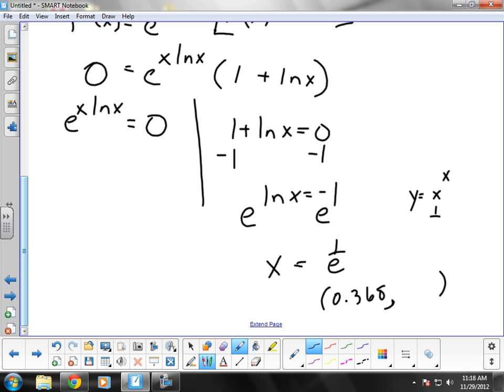So if x is 1 over e, then I get 1 over e to the 1 over e power. Right? So 0.7. Mine says 0.692. Okay. So there's a point where I do have a horizontal tangent.